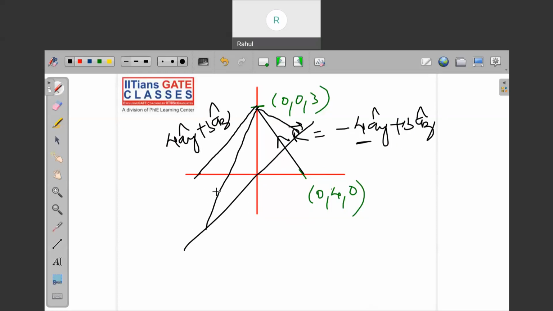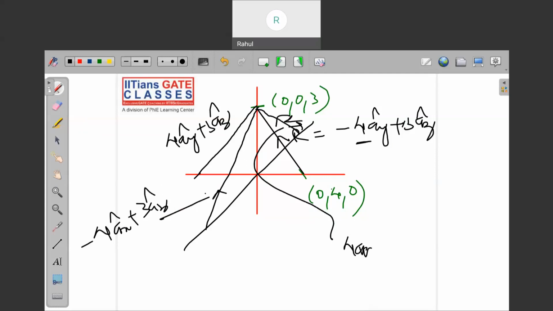So this r will again be minus 4ax cap plus 3az cap, and for the other, 4ax cap plus 3az cap.